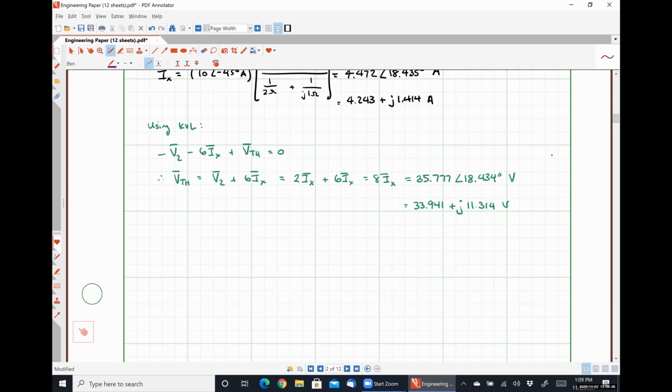So Ohm's law tells us that Z Thevenin is simply our Thevenin voltage divided by our Norton current.